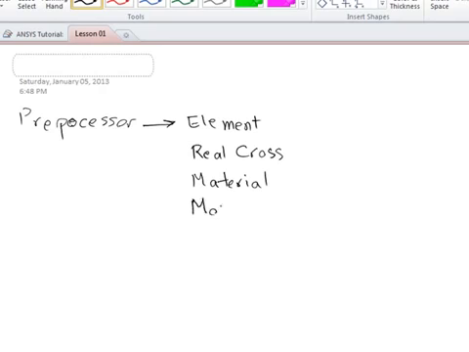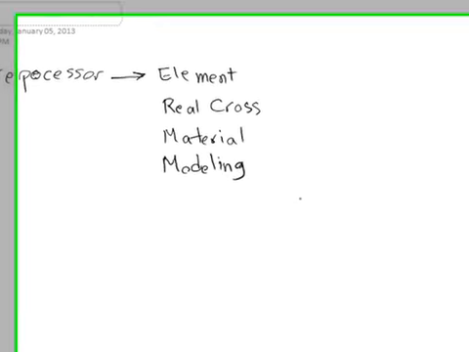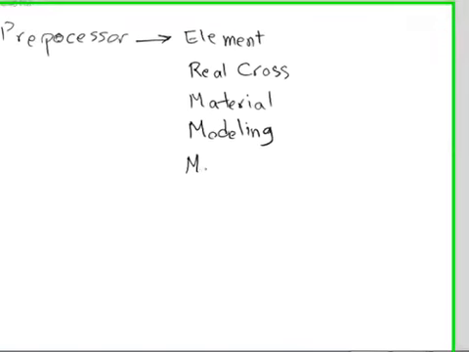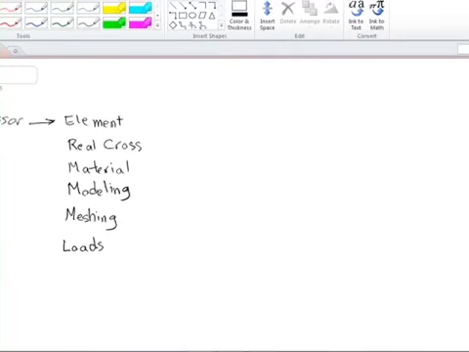And then there is a modeling step in which you define the areas and volume or any other thing that you want to design for your model. And then you do the meshing in the pre-processing step of ANSYS, which I will explain all of these steps briefly. And then you define your loads.